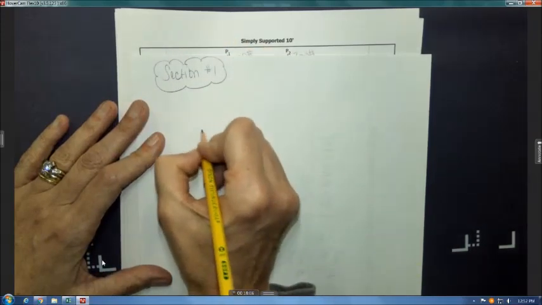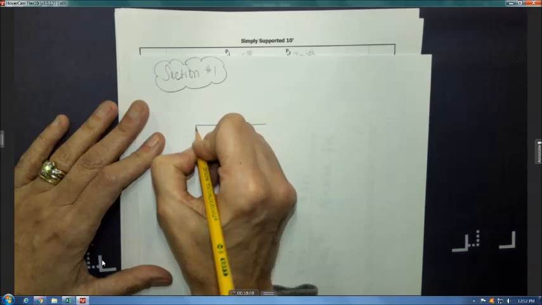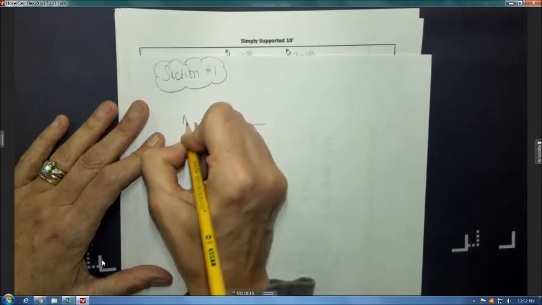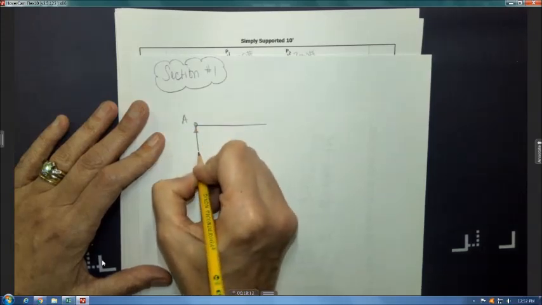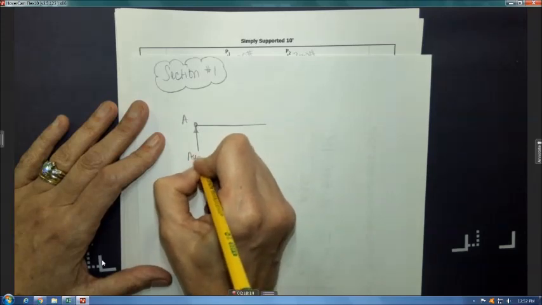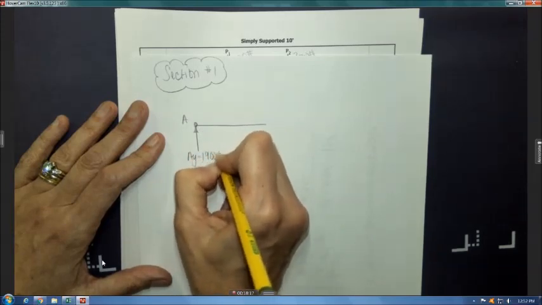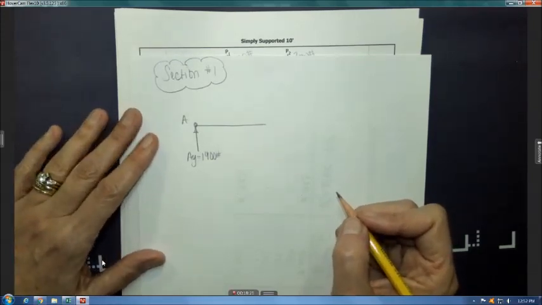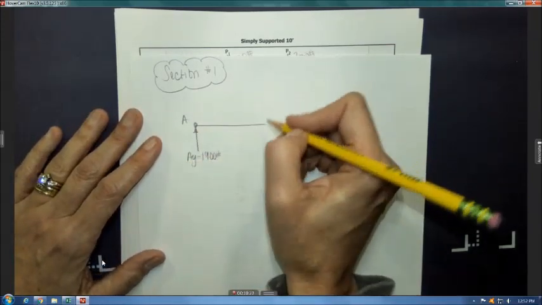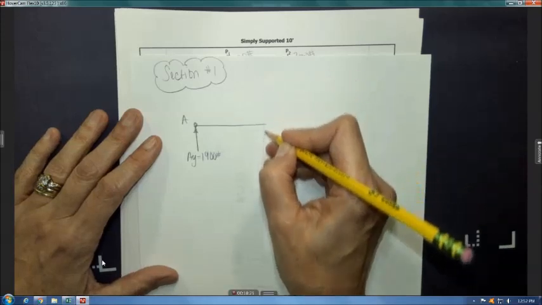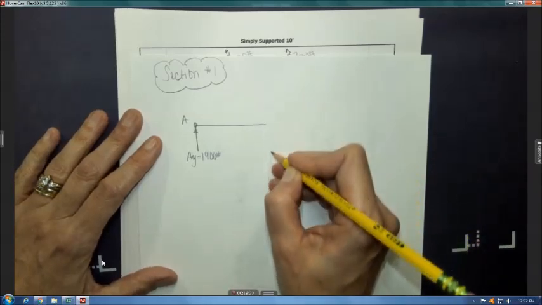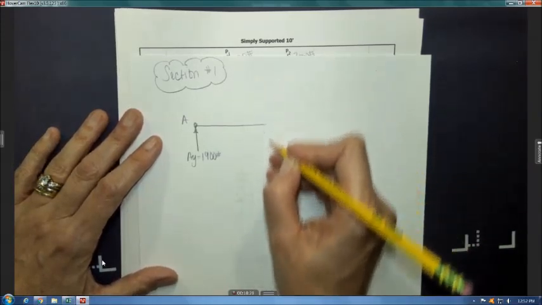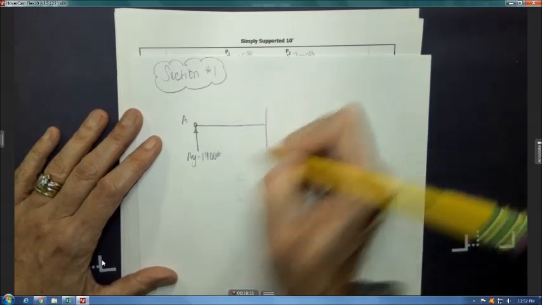This is going to be my point A, so this is going to be AY, which was 1,900 pounds going up. Remember, I add all external loads, including the reactions. All right, and then I'm going to draw this right before P1 comes into place. I'm not going to include P1, so I'm going to stop it right there.